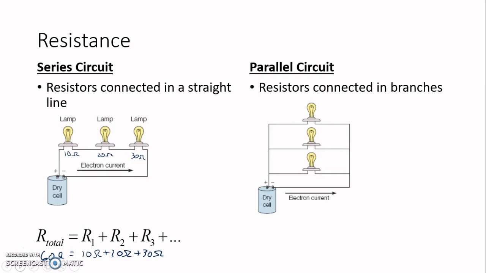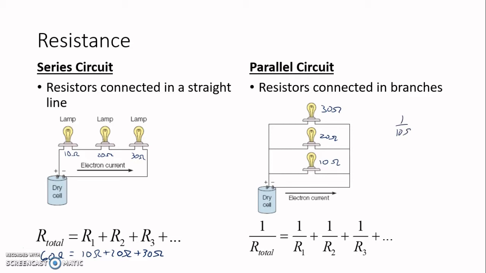In order to add these, instead of just adding up the resistances, we need to add up the inverses. So once again, if this is 10 ohms, 20 ohms, and 30 ohms, then we need to take the inverses, 1 over 10 plus 1 over 20 plus 1 over 30.